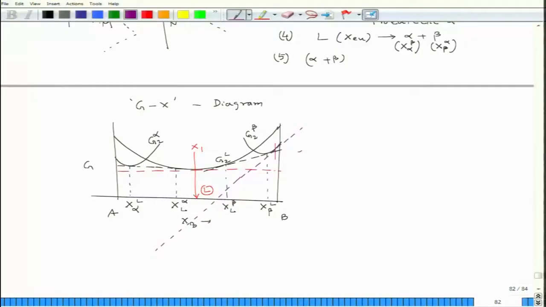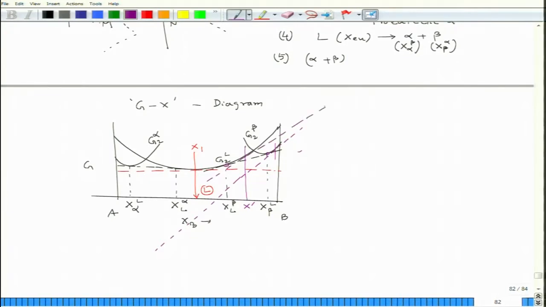Now, if I take any composition between this point and this point, let us say a composition like this, composition x prime, then again I have to draw a tangent at this point.